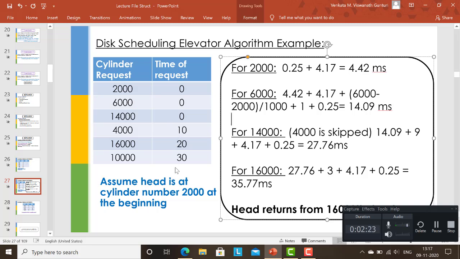So in your queue, others have already gotten in. So therefore you see that you are moving in the direction of 2000 to 6000, and by the time this is finished, this address is already there.